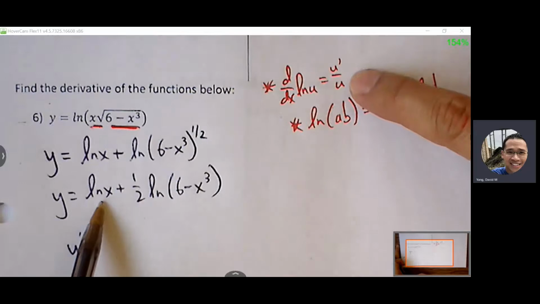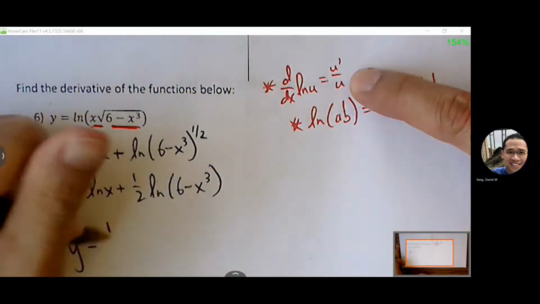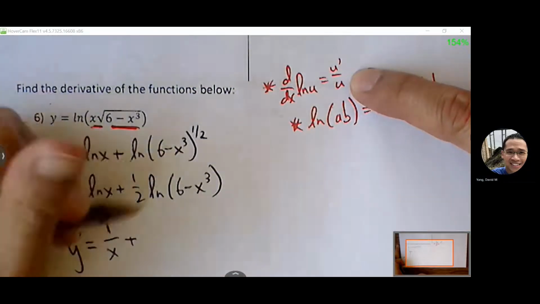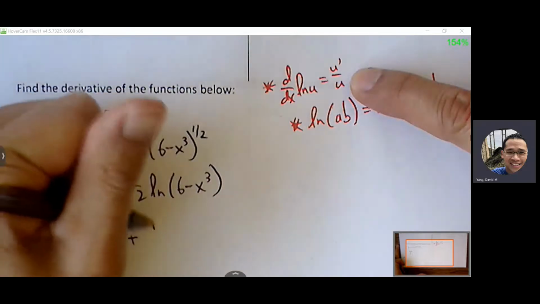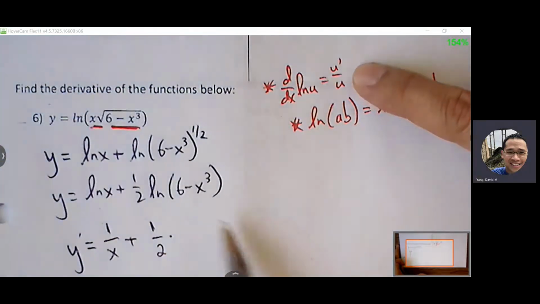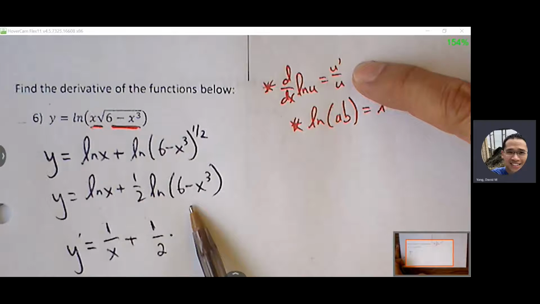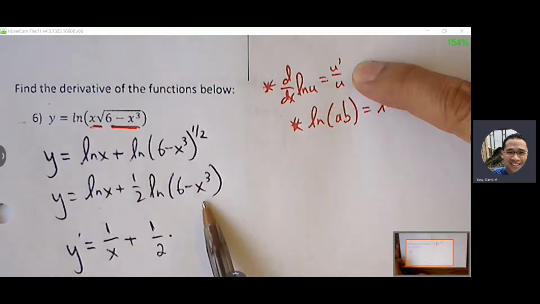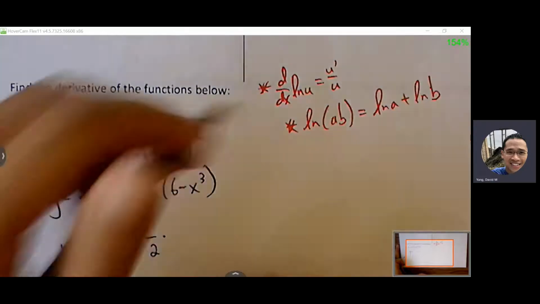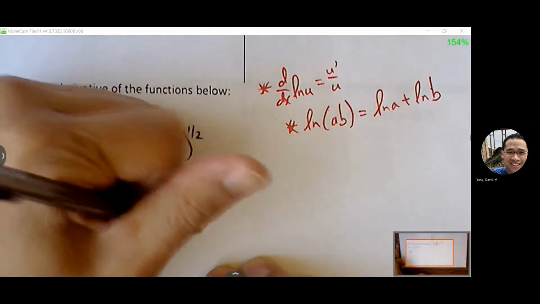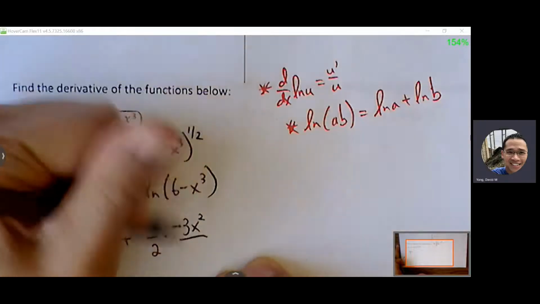u prime over u becomes 1 over x. Keep the coefficient for the second term. Okay, u prime over u. Over.